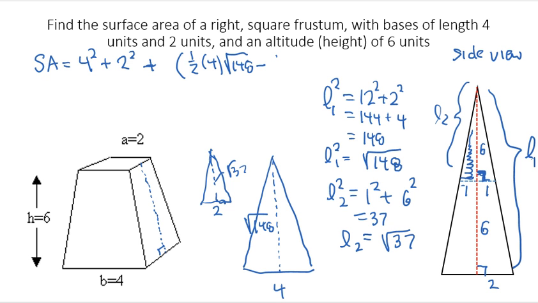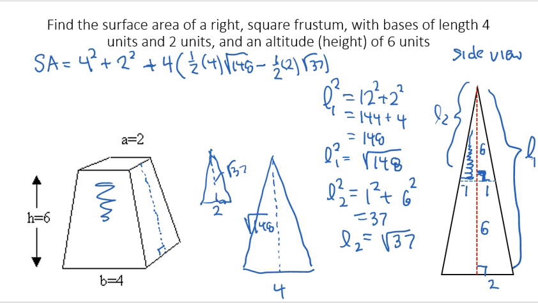So that would be 1/2 times the base, which we said was 2, times the height, which is the square root of 37. Now, that's the area of one of these trapezoids. But I have 1, 2, 3, 4 of them, so I multiply by 4.